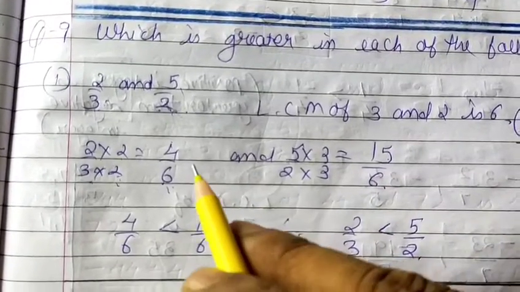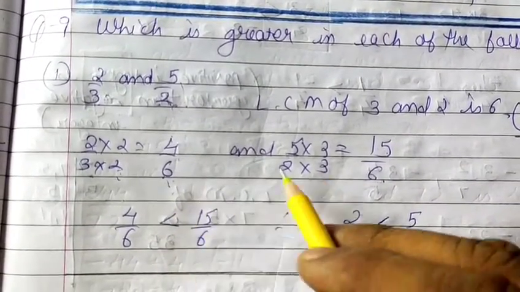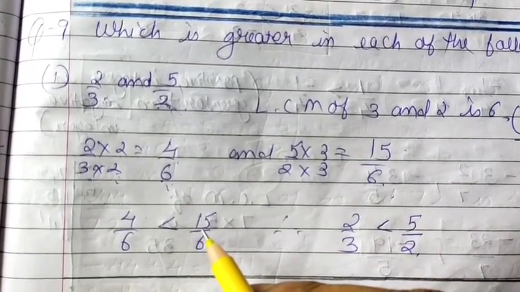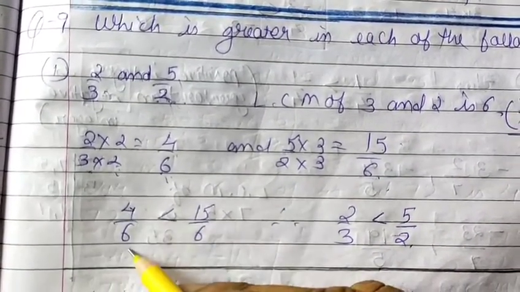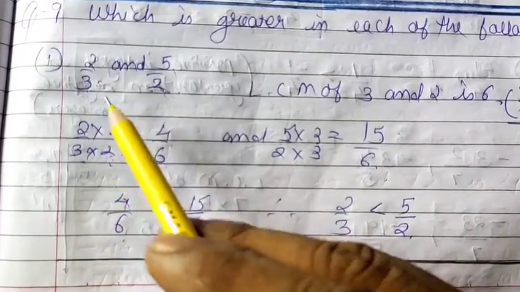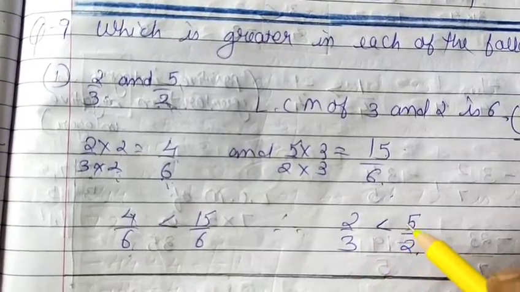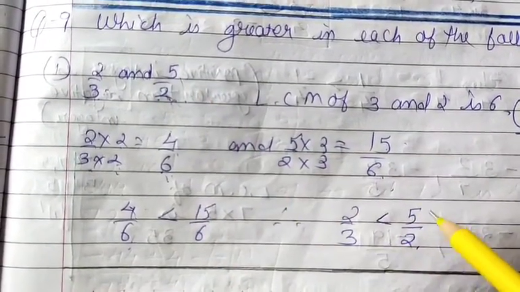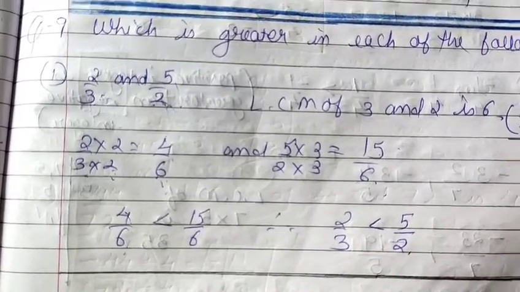Now I can easily compare which one is greater, 4 by 6 or 15 by 6. So we can say that 15 by 6 is greater than 4 by 6. So write down its original value, that is, in place of 4 by 6 write 2 by 3, which is less than 15 by 6, that is 5 by 2. So we can say that 5 by 2 is greater than 2 by 3.